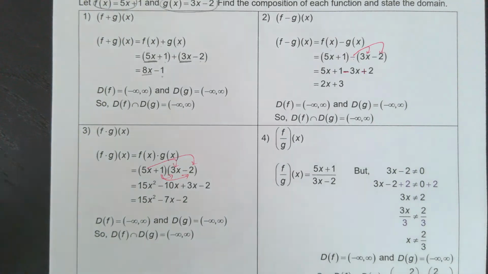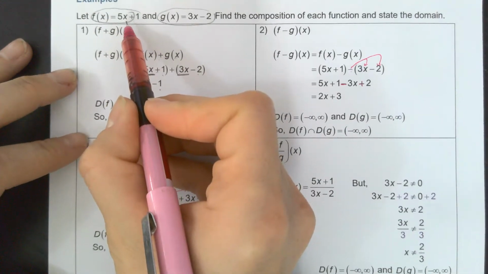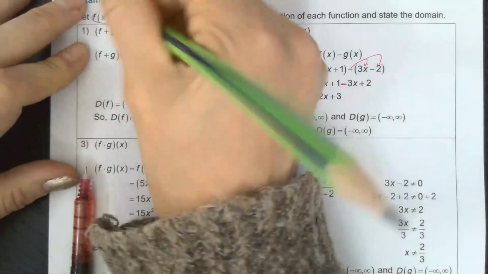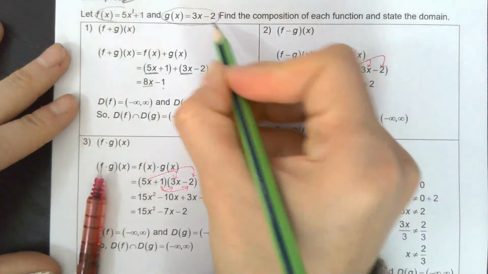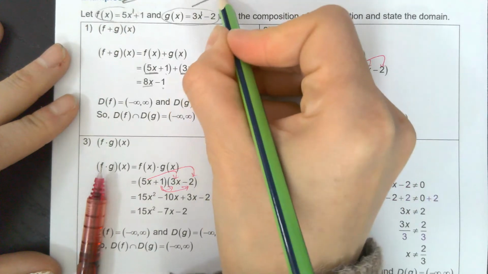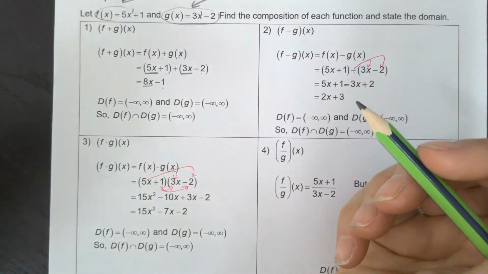So now if I want to find the domains of these functions, if I look at this function here and wanted to graph it, because this is x to the 1, it's a straight line, and this is x to the 1, it's also a straight line. So I have two straight lines, and what's the domain of a straight line?